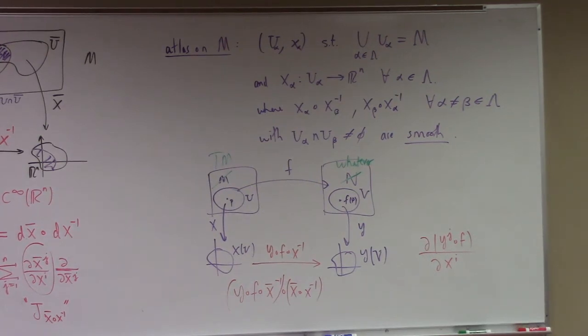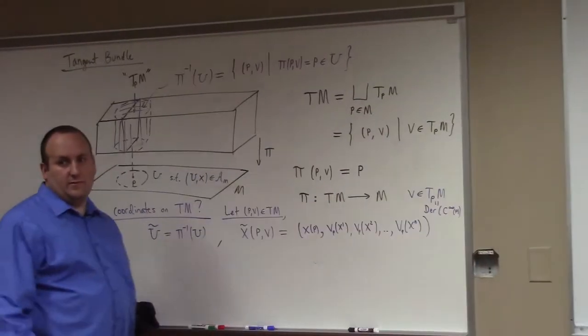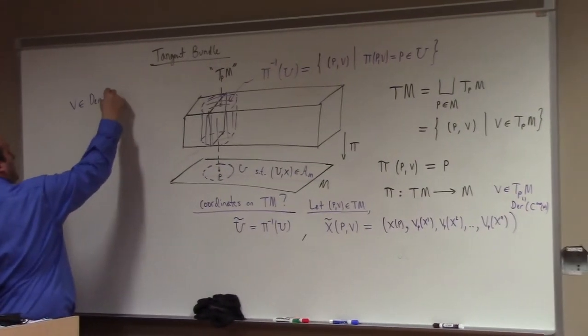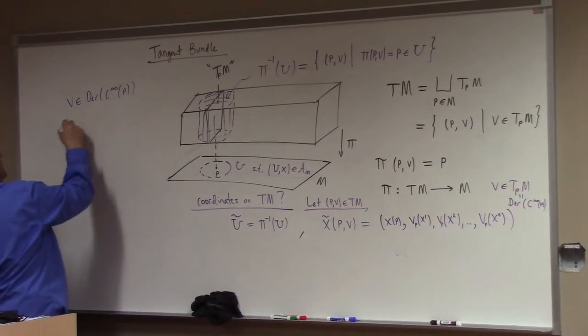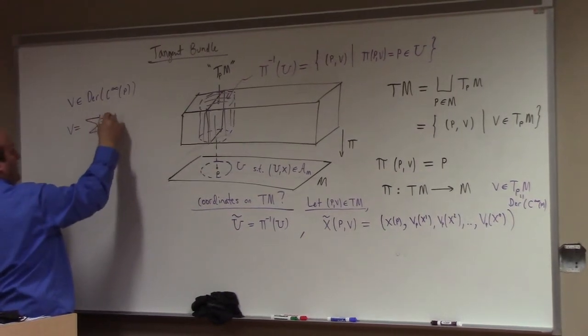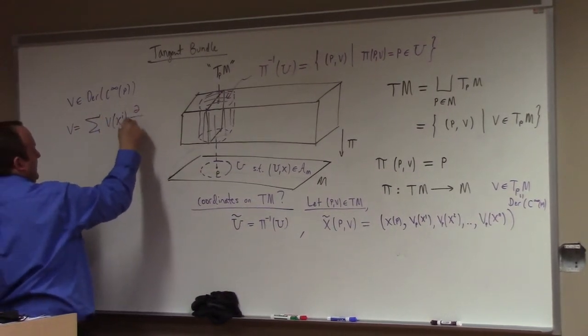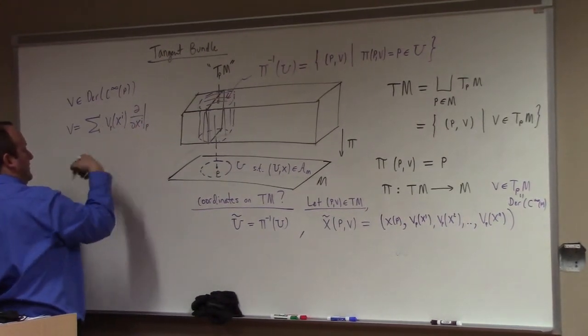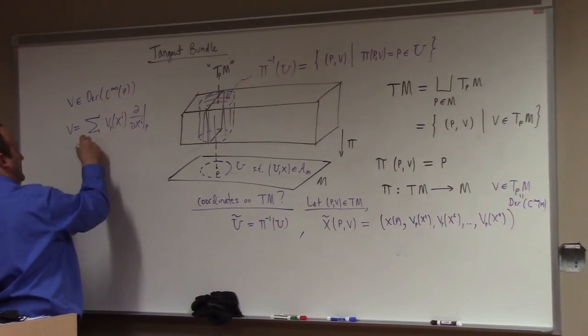The point is that this V is an element of the tangent space to M at P, which is understood to be the derivations on the smooth functions at P. So any derivation, remember, if V is in the derivations at the point, then we can rewrite V as the sum over i of V acting on the coordinate functions times partial x^i at the point P. And sometimes we'll put a P here to emphasize that we're evaluating at P, if we're thinking about those more generally as vector fields or something.